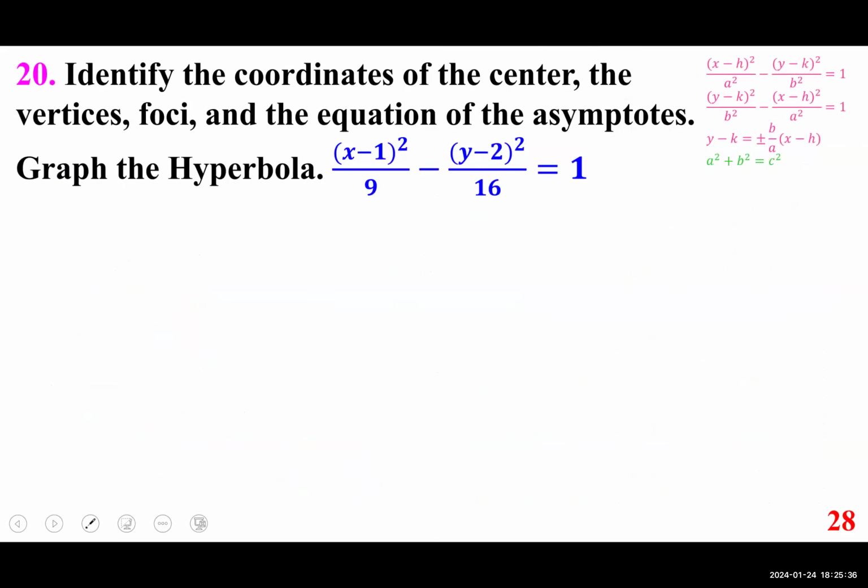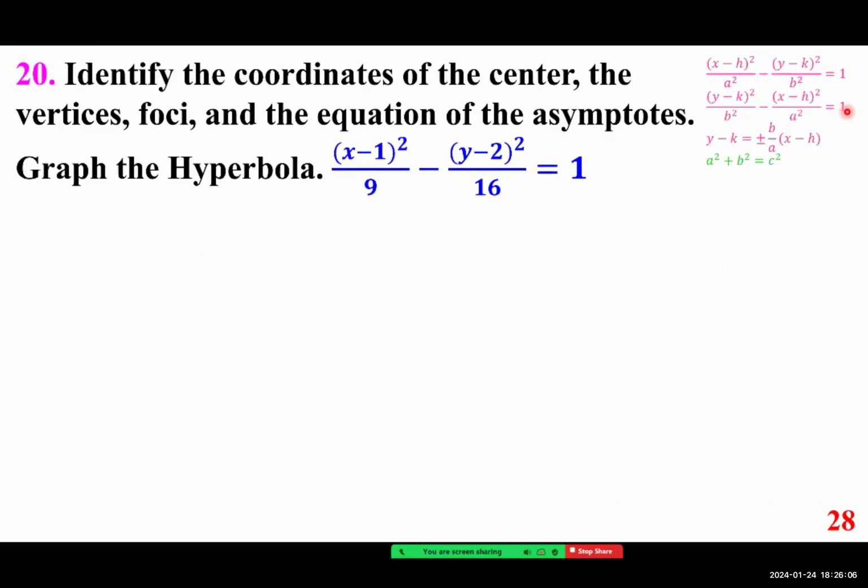All right, identify the coordinates of the center, the vertices, the foci, and the equations of the asymptotes, then graph the hyperbola. Again, reminding you that if we have a hyperbola centered at a different point, here's the equation: (x minus h) squared over a squared minus (y minus k) squared over b squared equals 1, or we may have it as (y minus k) squared over b squared minus (x minus h) squared over a squared equals 1.